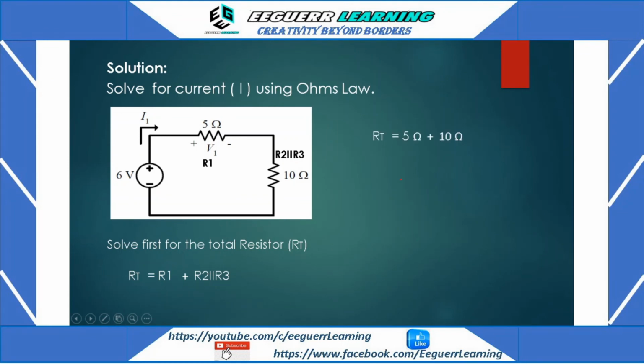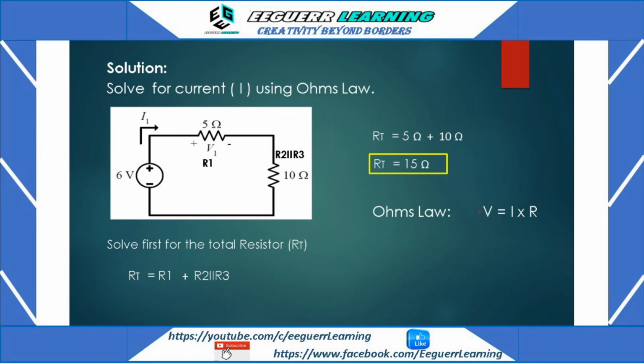That is 5 ohms plus 10 ohms will give us our total of 15. Okay, so 15 is our total, and we can now apply Ohm's law.